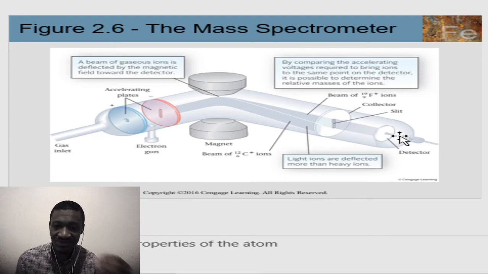You can calculate the relative mass between two, because if two runners are running, and the speed of one runner is known, you can determine the speed of the other runner on the basis of how fast or how slow one gets there before the other. So that's the principle by which the mass spectrometer works.